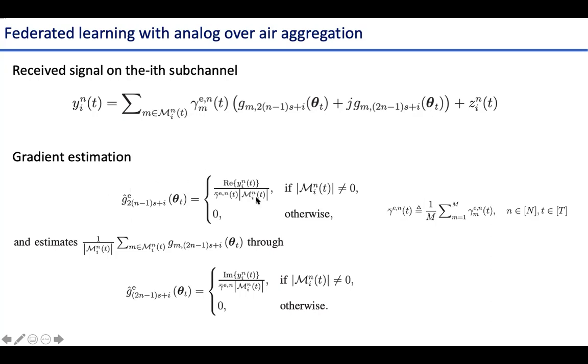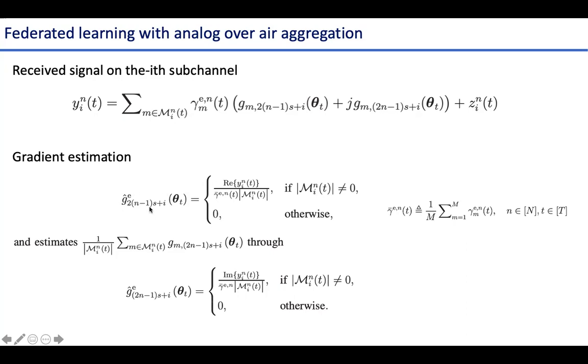Coming back to this, we divide by the average gamma times the number of workers that are transmitting on subcarrier i at time slot n of iteration t. If this set is not empty and this number doesn't equal 0, we divide by this quantity and reconstruct the estimate of the gradient.